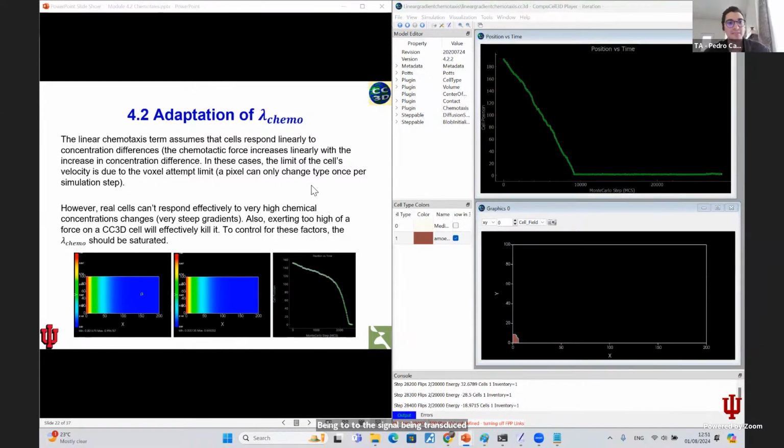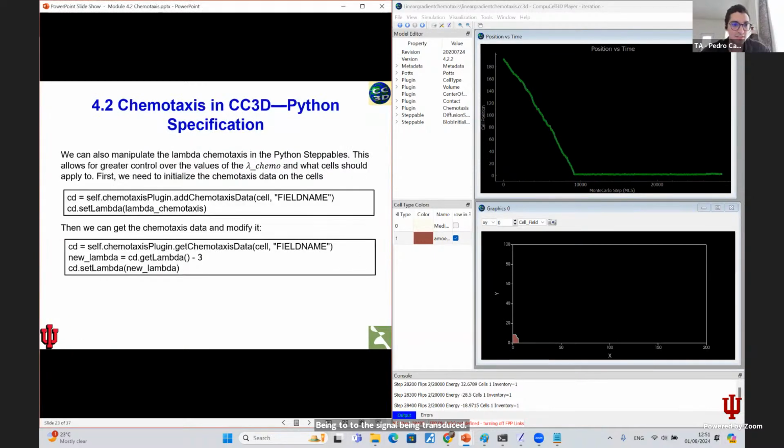To implement the adaptation of lambda chemotaxis, we need to understand how to manage chemotaxis from Python. This is completely possible in Python. You can interactively edit the XML by accessing the plugin data. For example, you can set individually, cell by cell, a specific lambda chemotaxis.